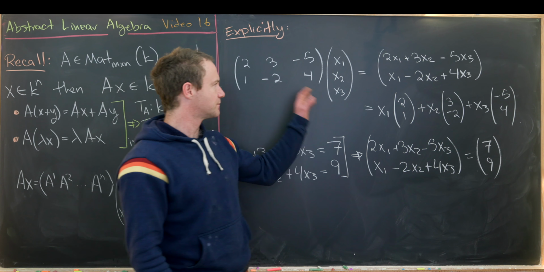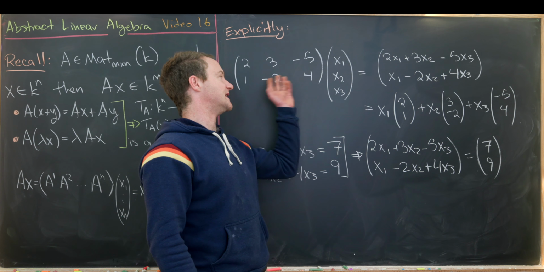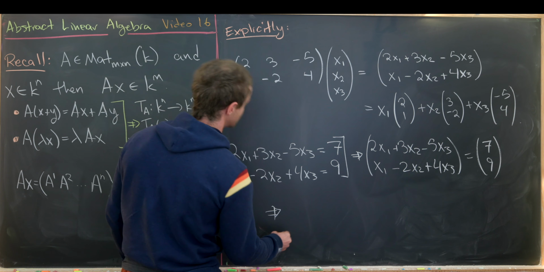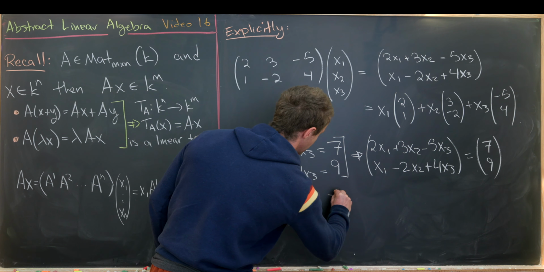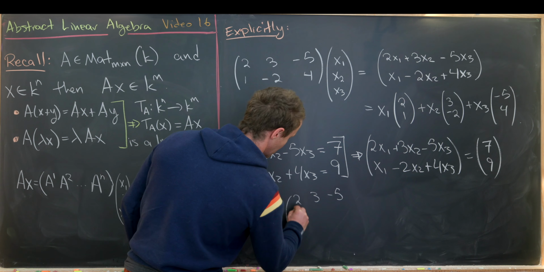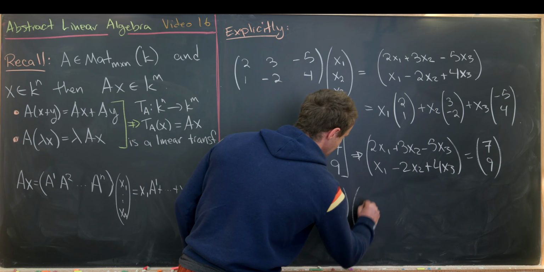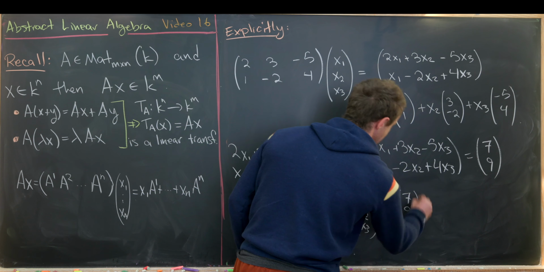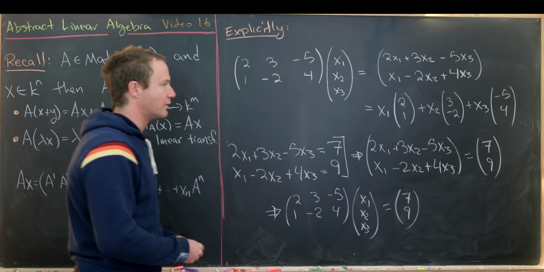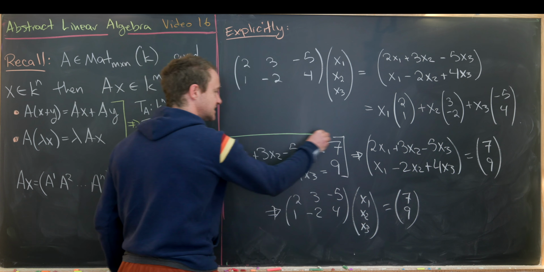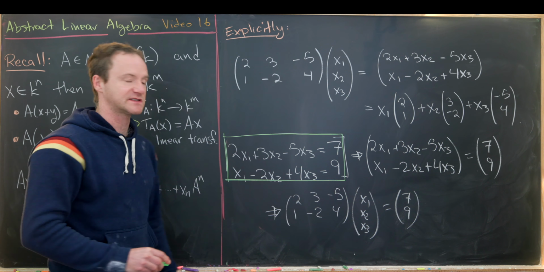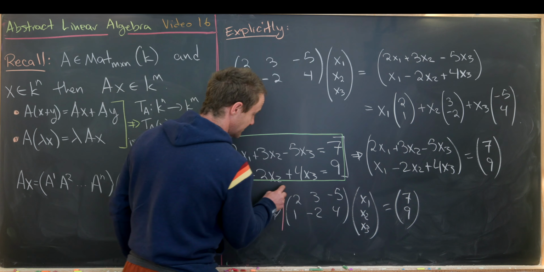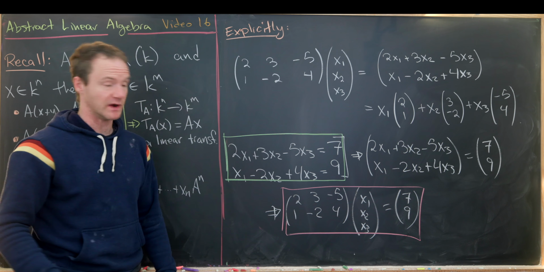By what we did with matrix-vector multiplication, that is equivalent to the matrix equation with rows 2, 3, minus 5 and 1, minus 2, 4, times the vector x1, x2, x3, equals the vector (7, 9). To reiterate, via this matrix arithmetic we've found a way to write this system of equations as a single matrix equation.